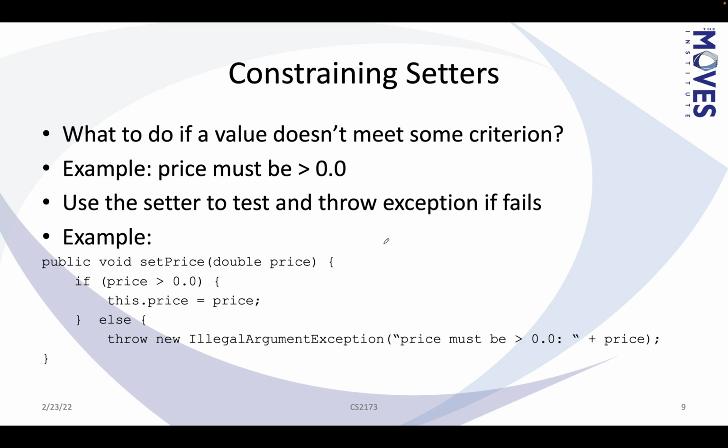Okay, so now let's talk about how we constrain the setters. If a value doesn't meet some criterion, say, for example, the price, we're going to assume it has to be bigger than 0, because if we want our institution to not go out of business, then if somebody takes a class, we take their money and not the other way around.